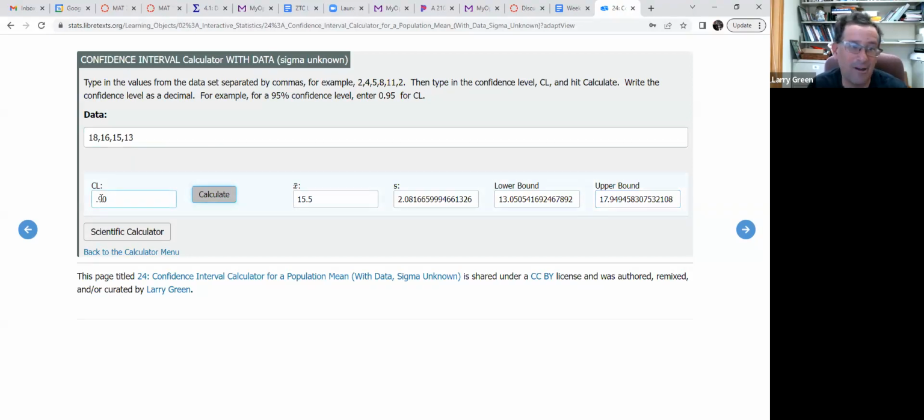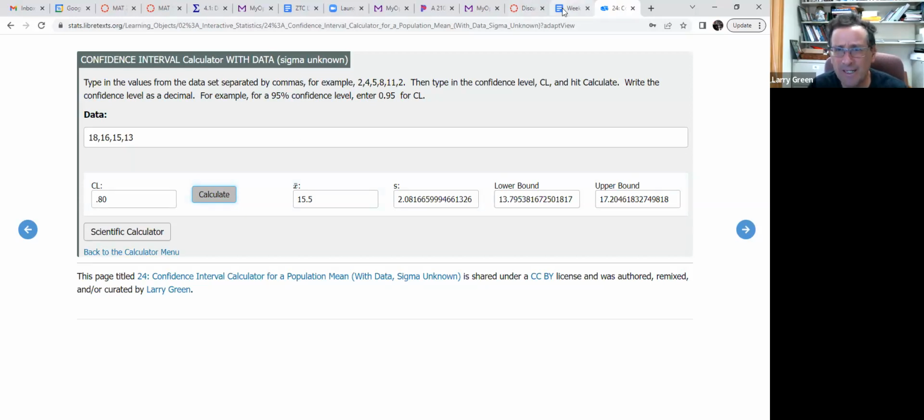If maybe I want to be 80% confident, maybe I didn't really care if I'm wrong that much, then it's almost 13.8 years old to 17.2 years old. Do you see that? But the problem is that then you have a big chance of just being wrong. So it's a give and take. You can get more confident, but then you have a wider margin of error, or less confident to narrow the margin of error.